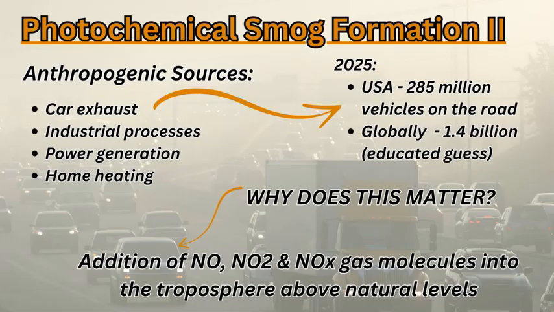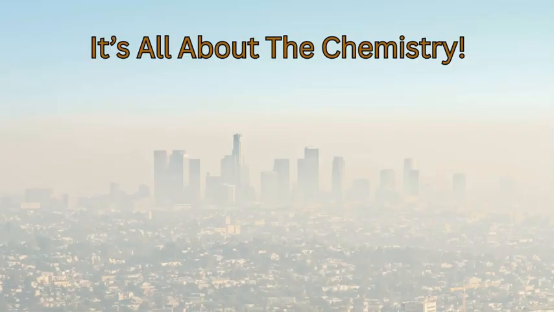When all these gases are being pumped into the atmosphere at immense levels and concentrations from human activities such as car exhaust, industrial processes, power generation, heating our homes, and this includes over 285 million cars and vehicles and trucks on the road just in the US alone, and globally you're looking at 1.4 billion vehicles pumping out extra nitrogen dioxide and nitric oxides to chemically react with sunlight and form these secondary pollutants, and one of which is photochemical smog. It's all about the chemistry.